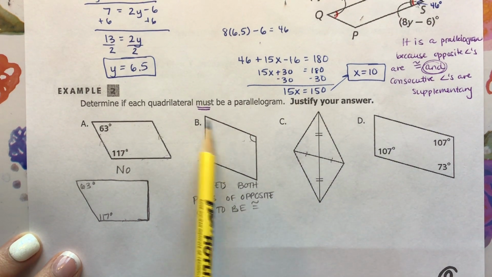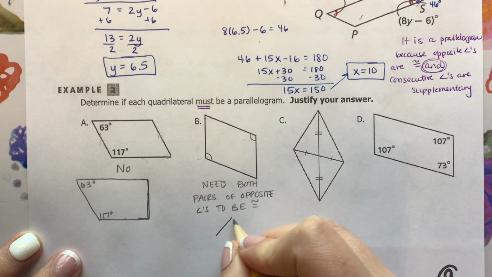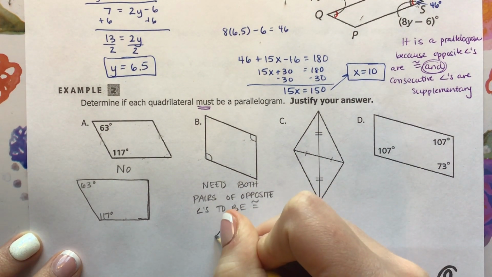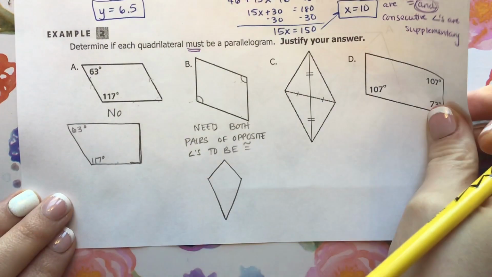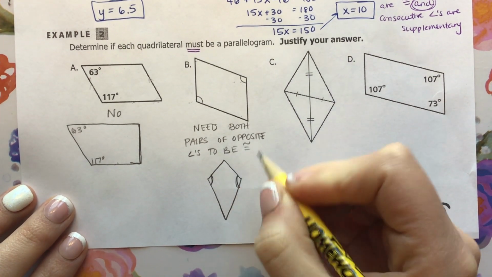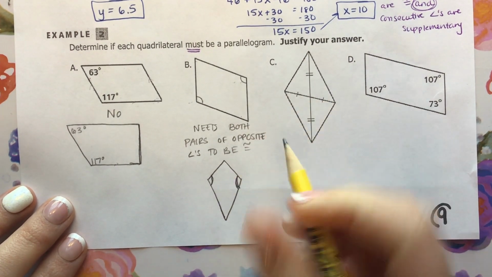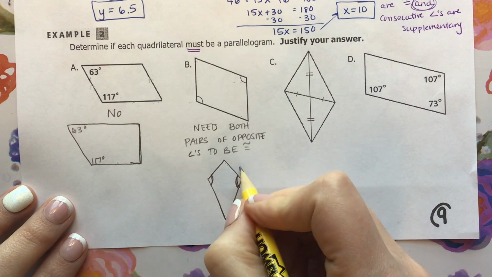The thing is, these do not have to be congruent in order for this image to still work. For example, this could be a kite where it looks like this, where this angle and this angle are still congruent to each other, but clearly this angle and this angle are not congruent to each other. So this one is another no.